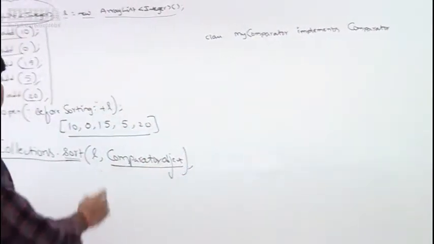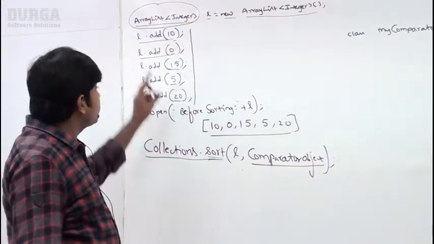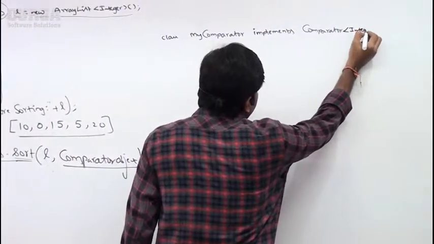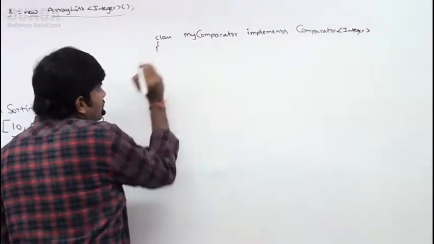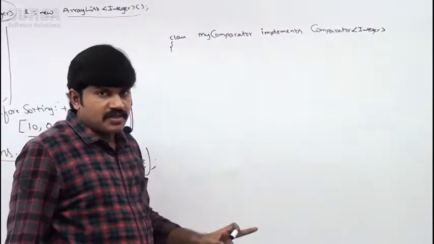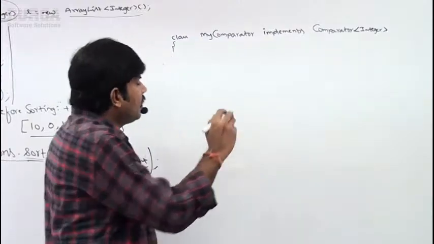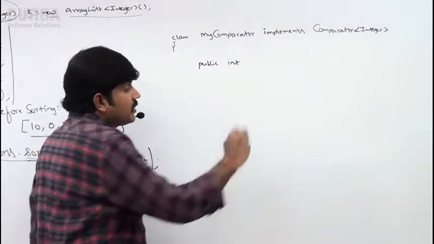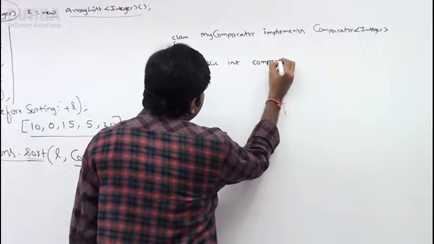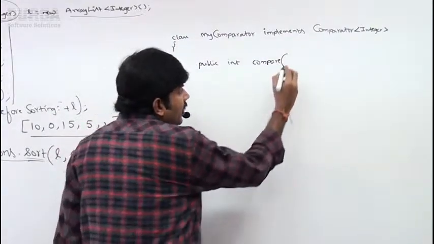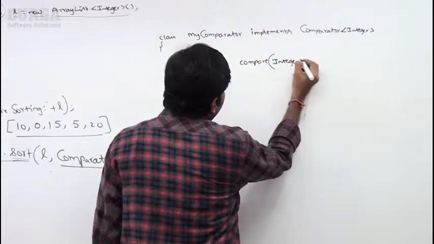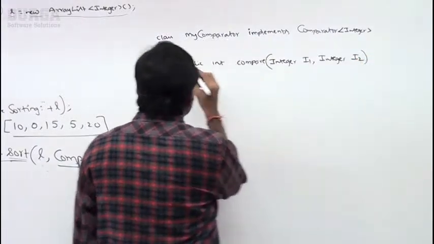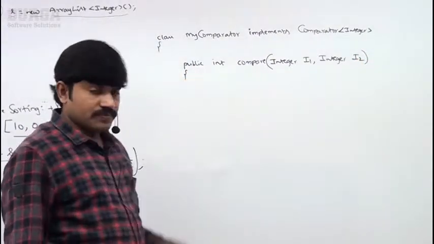Comparator. Sir, here which type of objects are we adding? Integer type. That's why we implement Comparator of Integer type. I'm defining my own implementation class for the comparator, right? Next, we have to provide implementation for which method? public int compare method, with Integer i1, Integer i2.